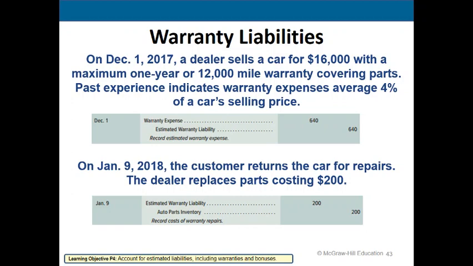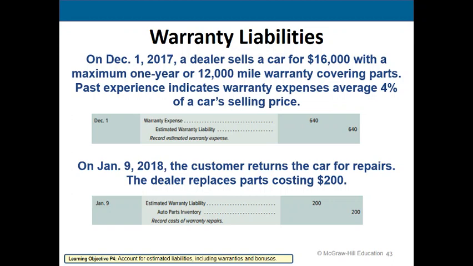Past experience indicates that warranty expenses average 4% of a car's selling price. So 4% of $16,000 is going to be $640. They could do one of two things. They could, on the date of sale, estimate the warranty expense for this car, or they could wait till the end of the year and do it for all cars sold during that year, based upon the same idea of 4% average on each car's selling price.